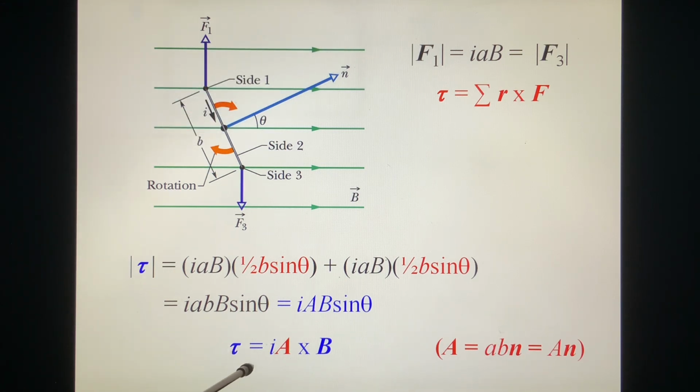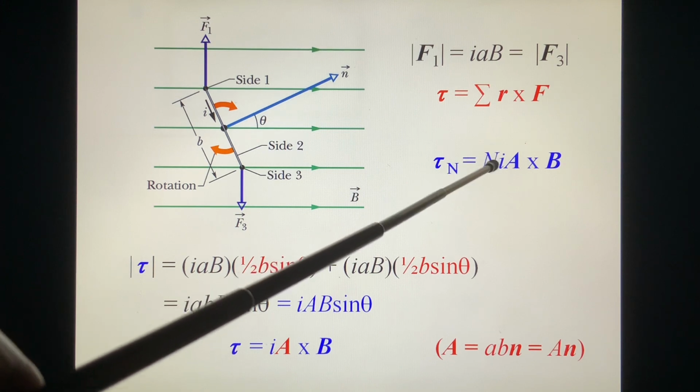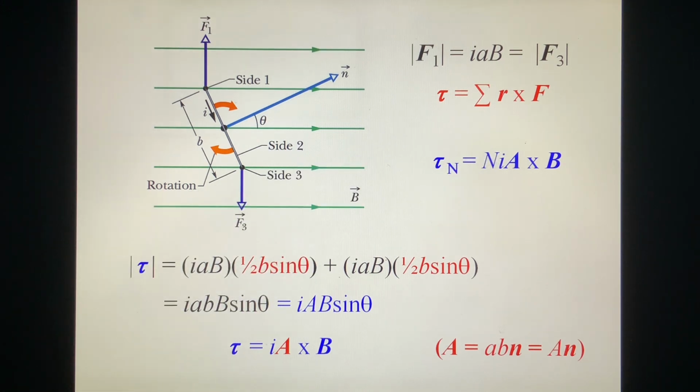So the torque on this current loop is I A cross B, where A is defined by its area and normal direction. If you have N turns, then the torque is multiplied by N: N I A cross B.